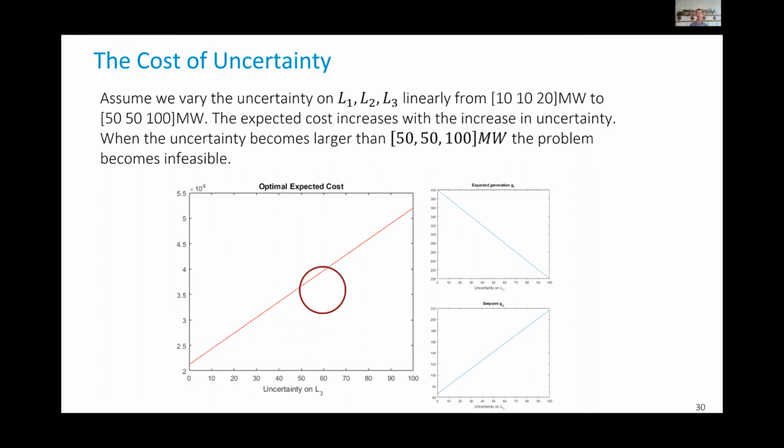Uncertainty costs something, right? There is a methodological bug that you often find in literature or in news where people say, if I had done this, it would have been much better. So if I had set my generation to those values, I would have reduced my cost. But that's an exercise you do after the fact.